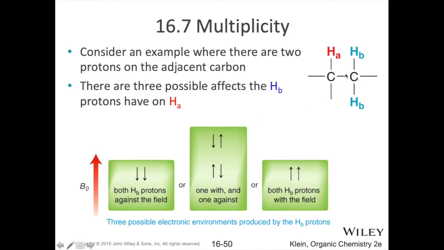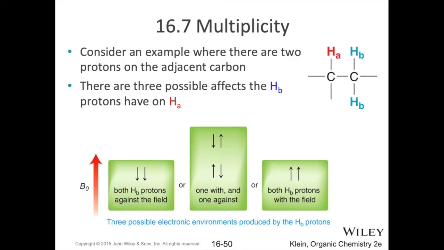Well, if both hydrogen Bs are against the field, they're both opposing the field, and so they both wind up deshielding your hydrogen A a little bit. That's why we see a signal going further downfield. Likewise, if both of those protons are aligned with the field, you see a shielding effect.